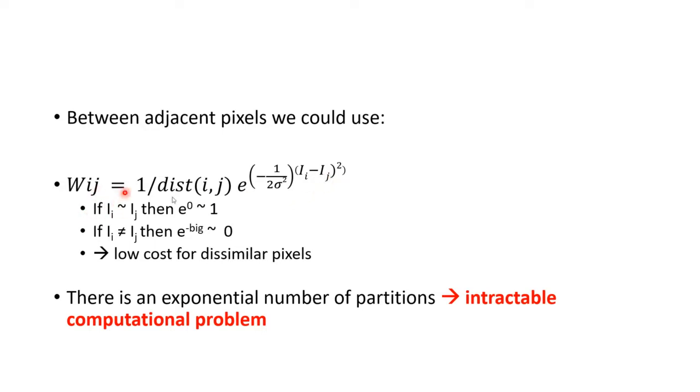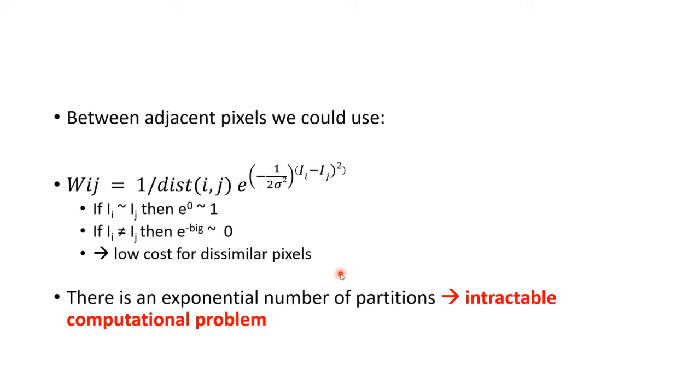You can set the weight this way. Basically, if the intensity of pixel i has more or less the same value as pixel j, then this will be 0, and this exponential will be 1. If they are different, then this thing here will be a big negative number, and the exponential will be closer to 0. Basically, this connection between pixels i and j, if this happens, can be severed. Whereas if this happens, then I won't cut through the edges.